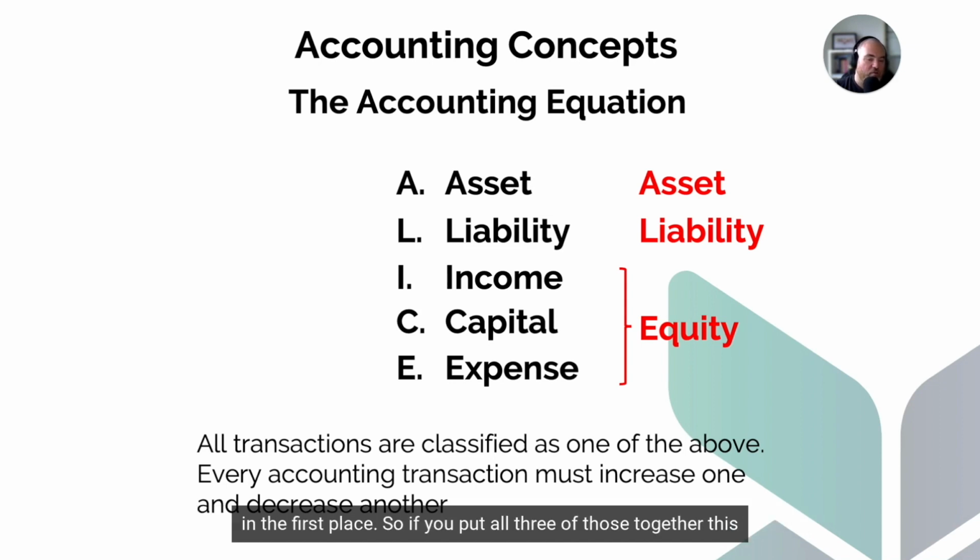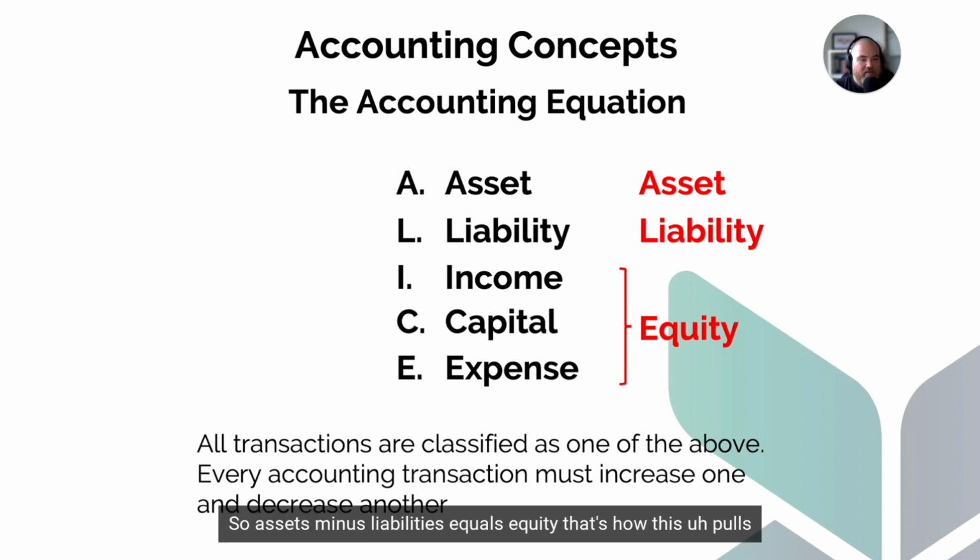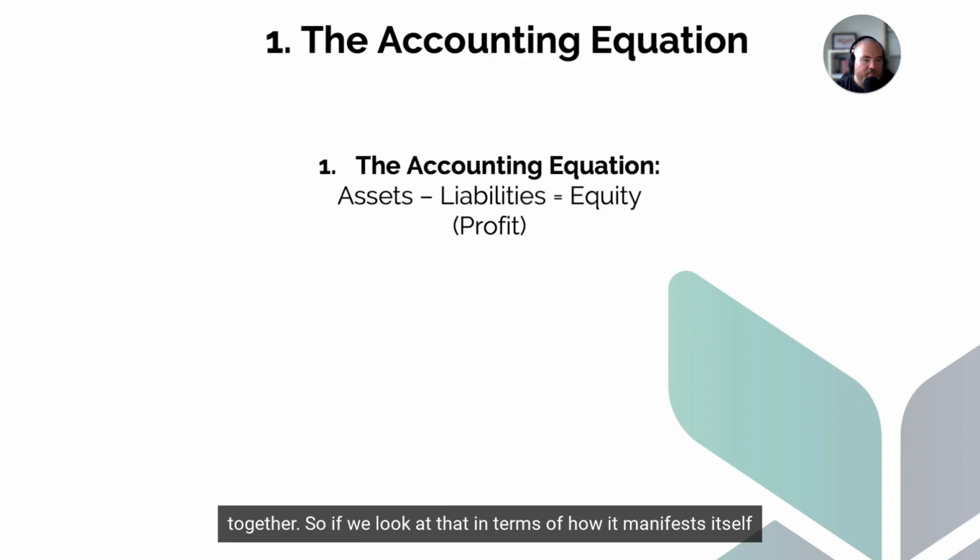So if you put all 3 of those together, this is why I say that equity loosely translates as profit, because income minus expense is your profit, and then the capital element is not profit, but it's part of the equity of the business. So assets minus liabilities equals equity. That's how this pulls together.